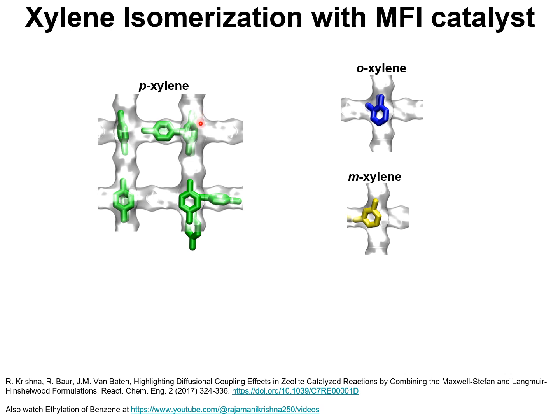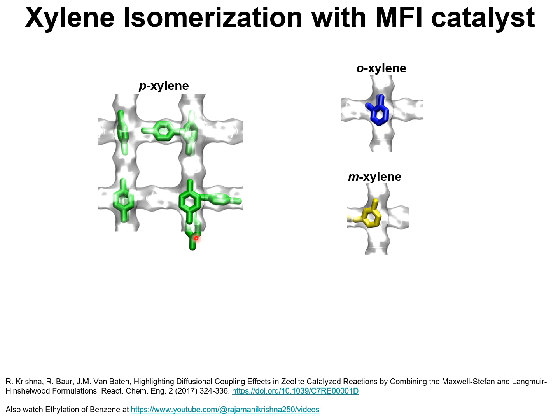And for that reason, xylene isomerization with MFI catalyst produces paraxylene almost exclusively, because the product leaving the MFI crystal is paraxylene that has the higher diffusivity.